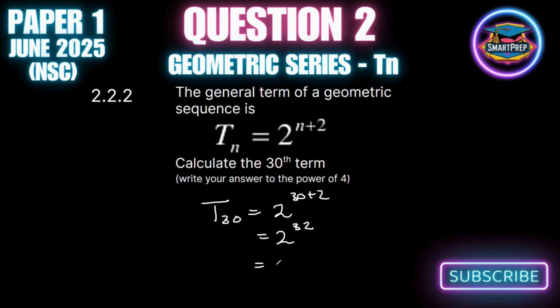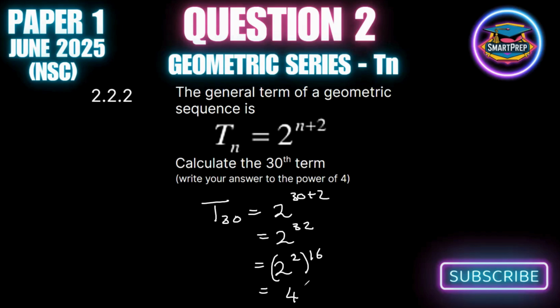And using exponential laws, that's going to be 4 to the 16, because 2 times 16 is 32, right?